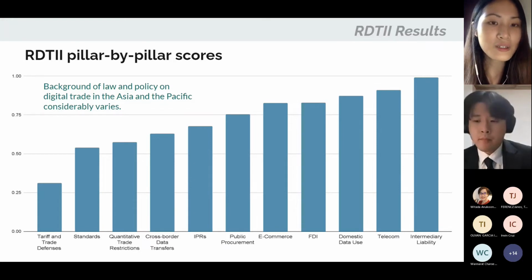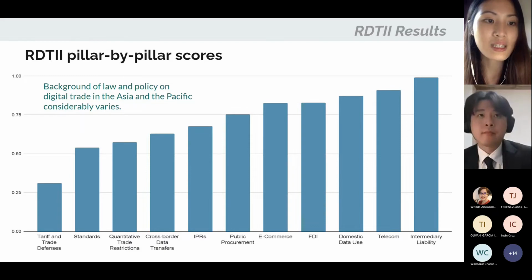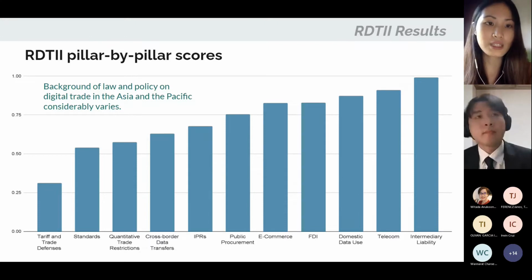We also found that some economies show no restriction toward digital trade, while some show a high level of restrictions. This could increase the cost for companies to engage in digital trade within and outside the region.